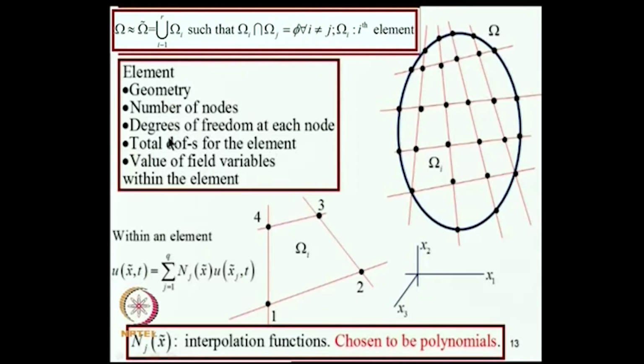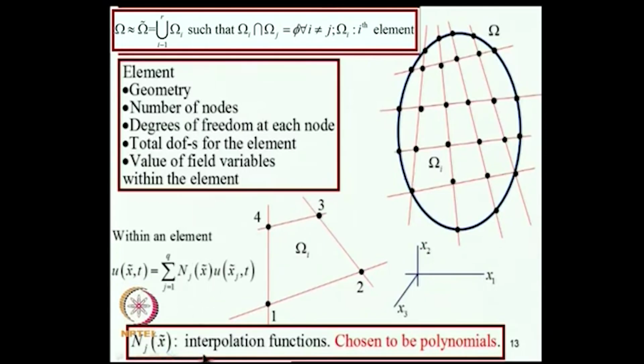So, suppose you consider this element, I name these 4 points as nodes 1, 2, 3, 4, and within an element we approximate the field variable by interpolating the values of the field variable at these 4 points. So, we write this as a sum over j equal to 1 to q, where q is 4 in this illustration, of the value of the field variable at nodes 1, 2, 3, 4 times the interpolation functions.